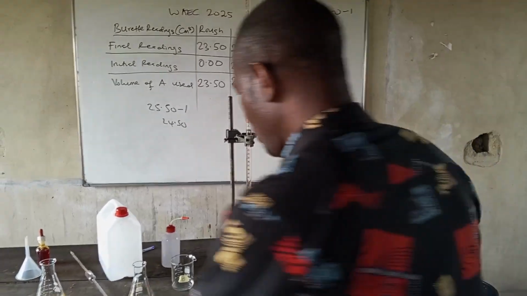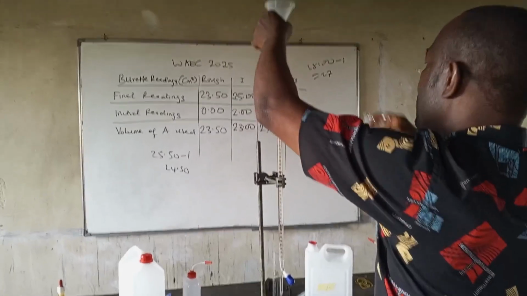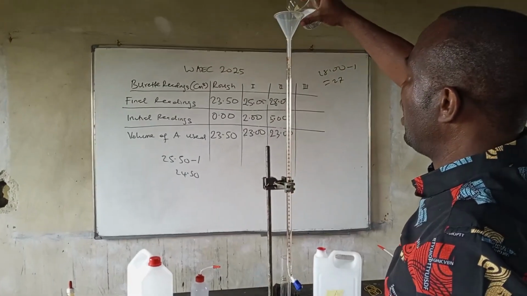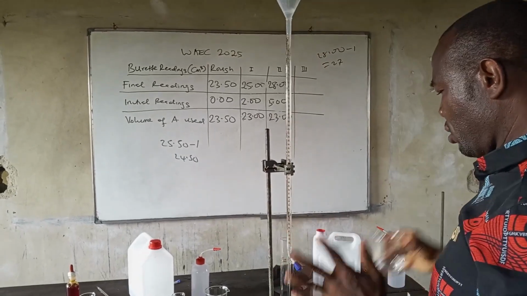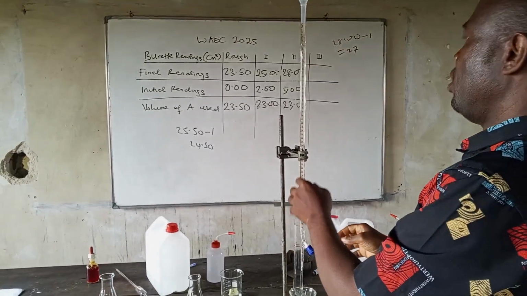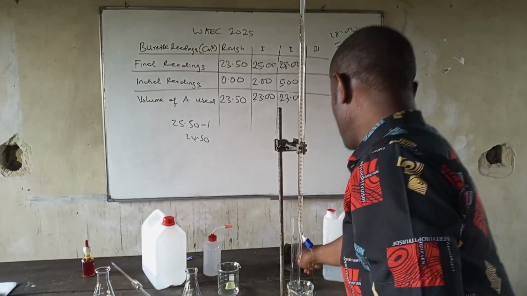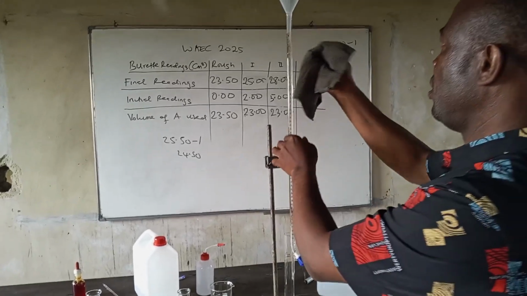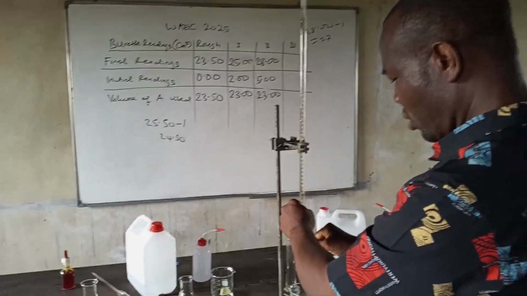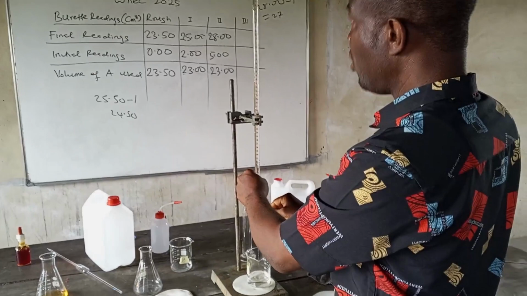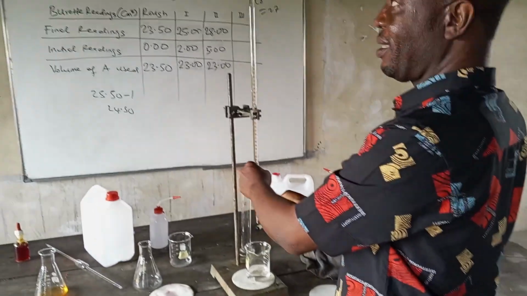So we have the funnel. Add more acid. Okay. It's overflowing. We clean the body. Why is the funnel still here? Because there's some acid inside the funnel.